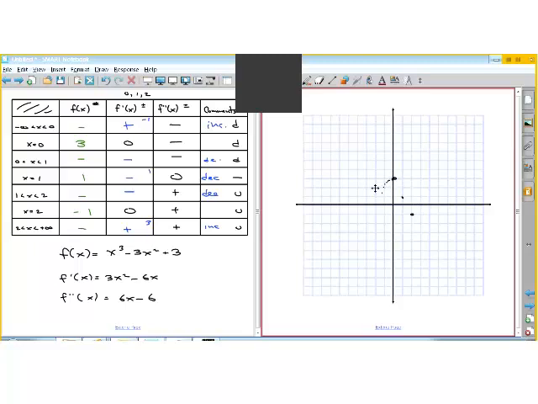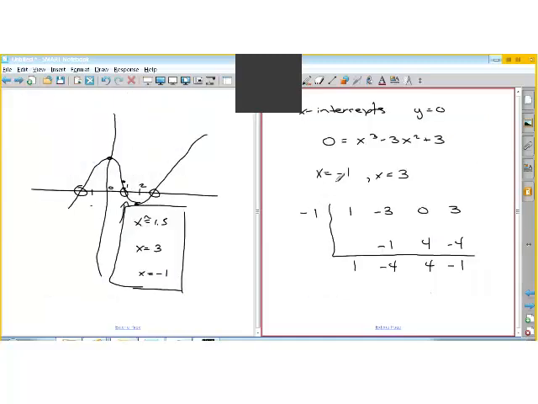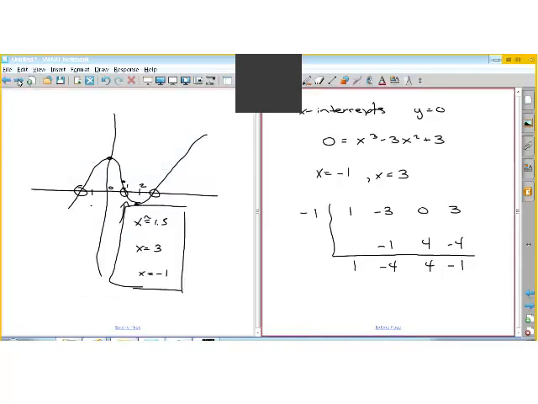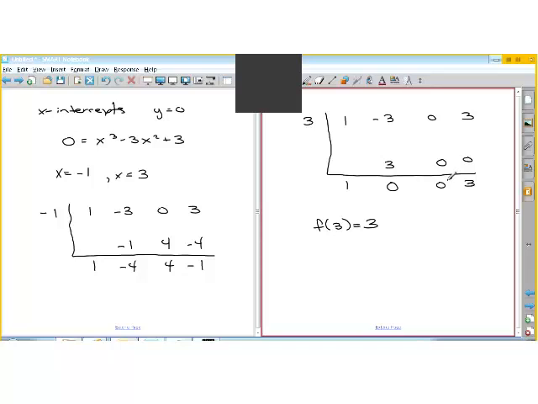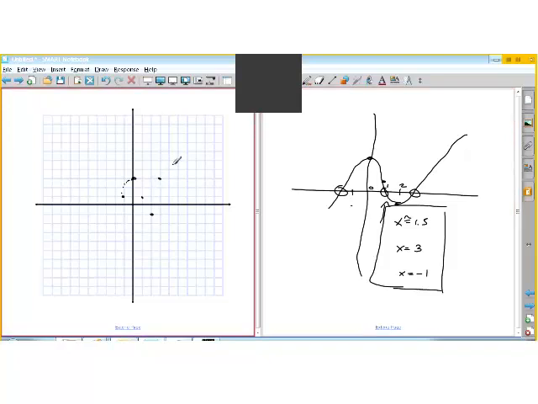So it comes down, and from our synthetic division here, trying to find some zeros, you can see -1, 1 is another point. And then we also did +3, which also gave us +3. So might as well use those. Okay, so it comes down like this, then it goes like that.